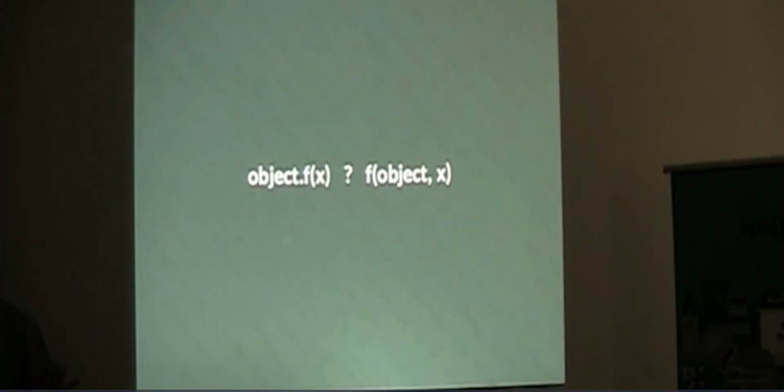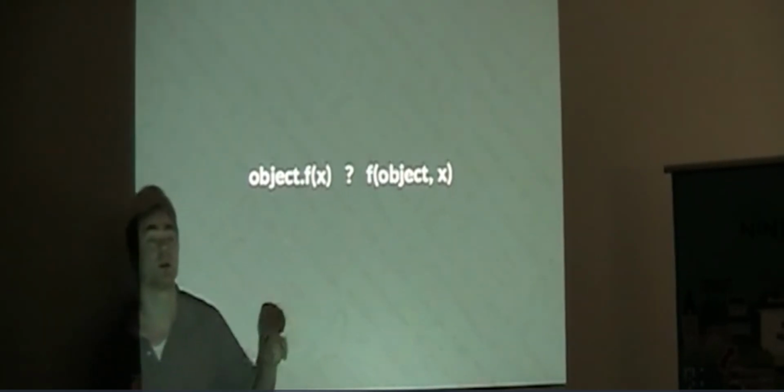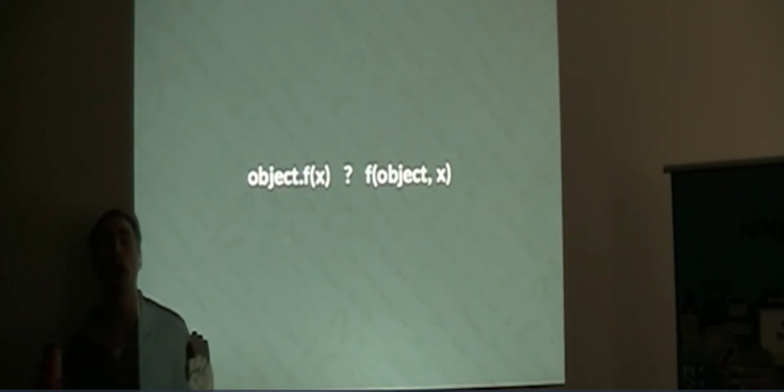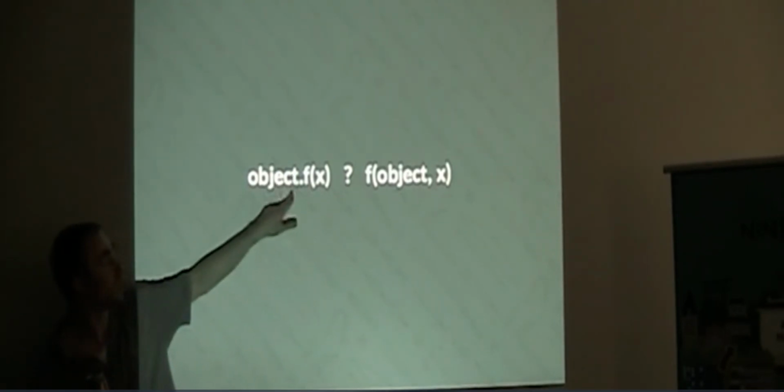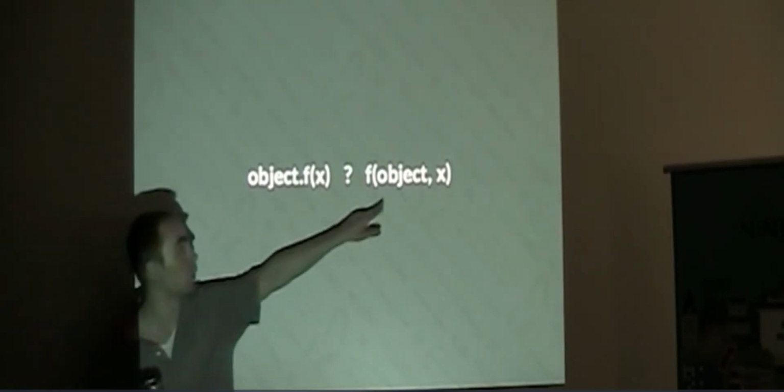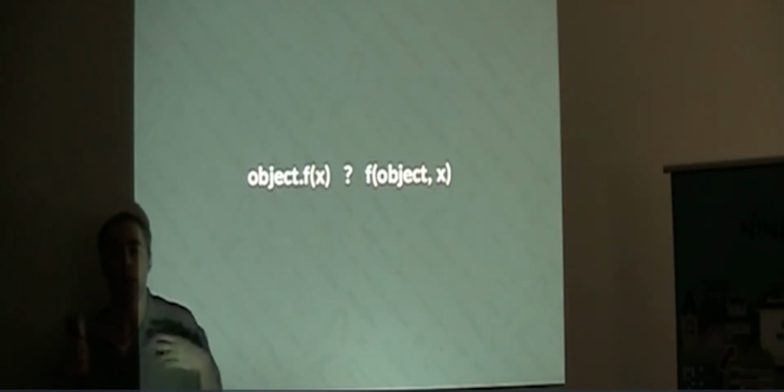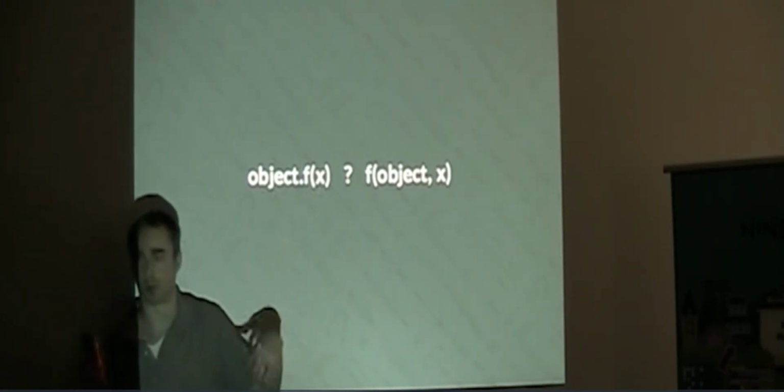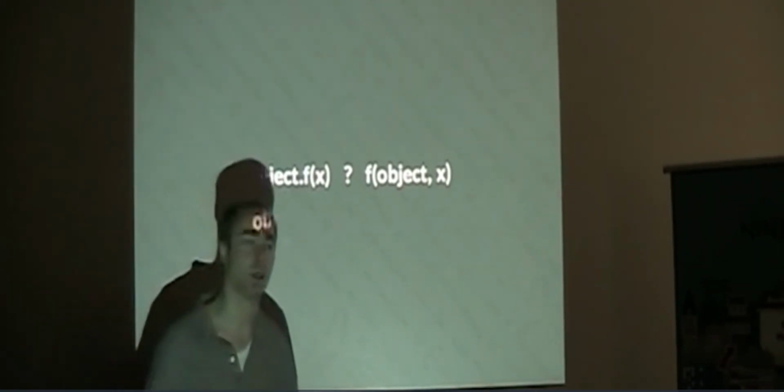As tempting as it is to say this captures the difference, these two things are almost the same thing, and this simply does not capture the difference between object-oriented and functional programming.